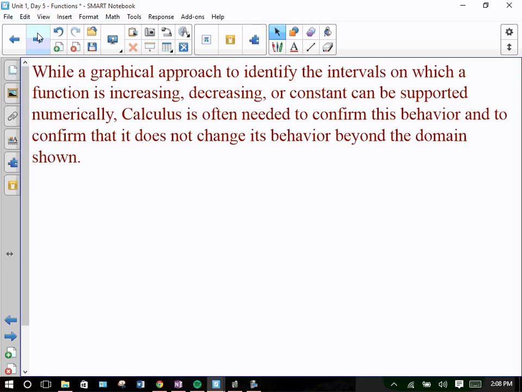You need calculus to start talking about that without a graph. You won't learn about that right now. Maybe at the end of the school year we'll have time to talk about a little bit of that. But right now you won't have the tools in your tool belt to figure out when a function is increasing, decreasing, or constant without calculus or the graph.